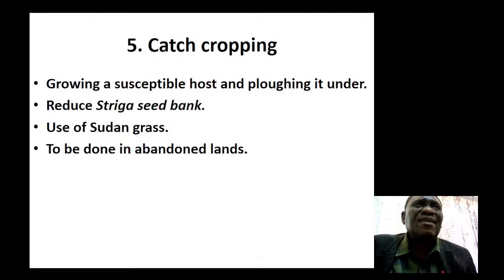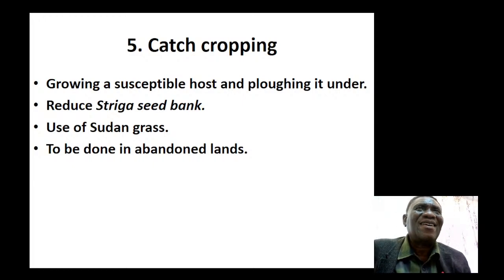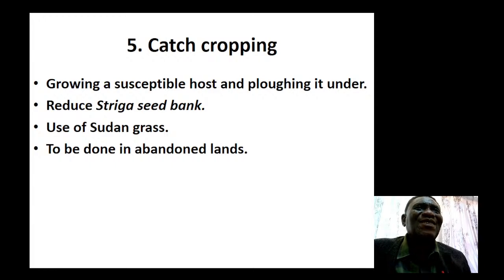Catch cropping, that is growing a susceptible host and plowing it under. So what you are saying is that you allow farmers to grow crops. At flowering, you say destroy that crop in order to reduce the Striga seed bank. But this may not be attractive to farmers because they don't want to waste their time.